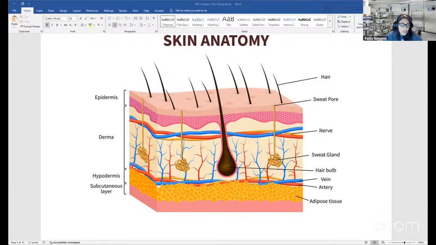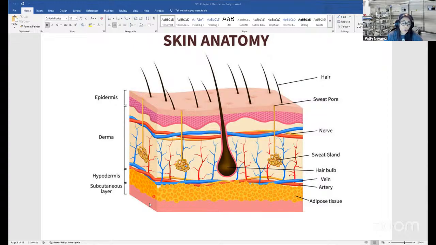And then below that, we have the hypodermis, which is what we call the subcutaneous layer. This is the deepest layer of the skin, and it provides the junction between the dermis and the muscle, or the next layer in your body.